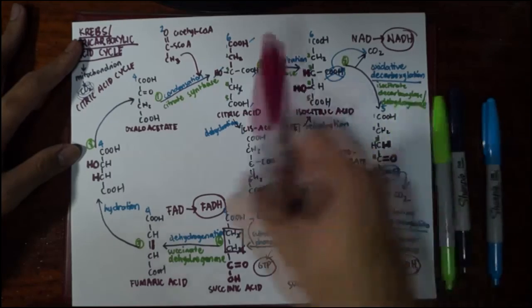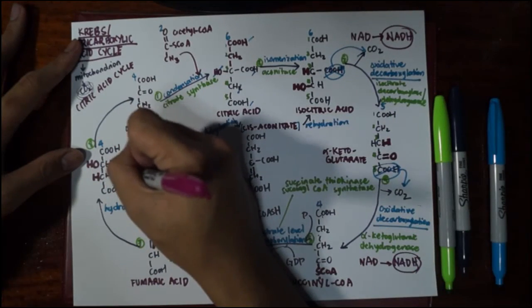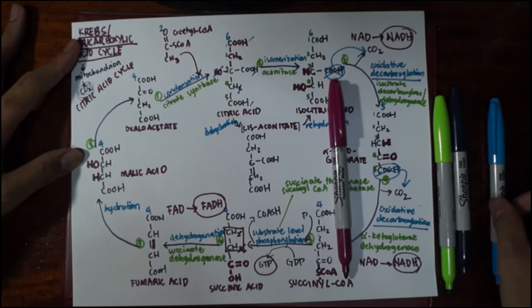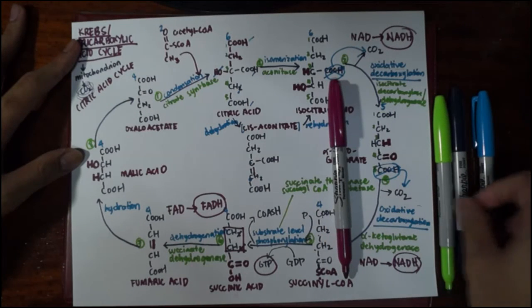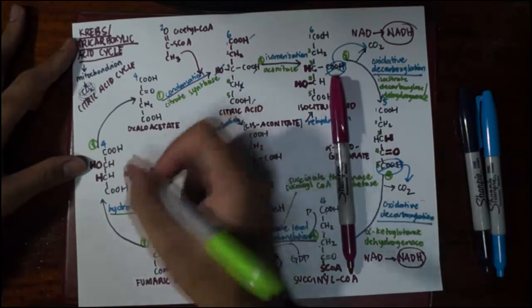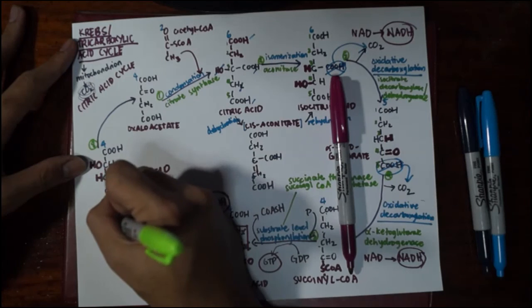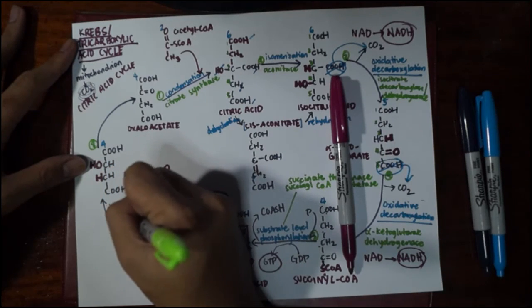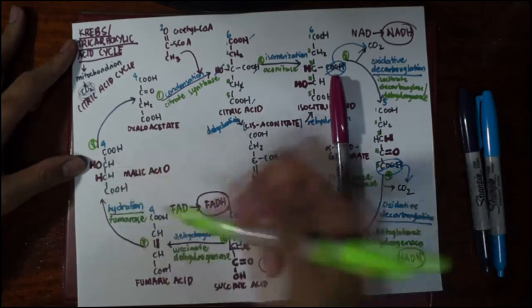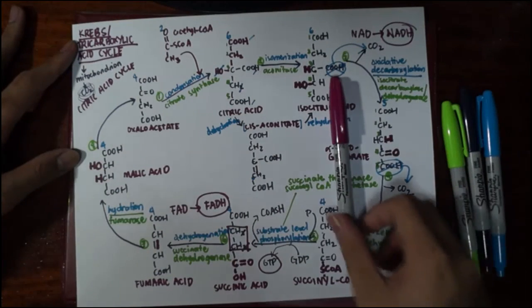Alright, the name of the product right here is malate or malic acid, and the enzyme responsible for this is fumarase. So fumarase converts fumaric acid into malic acid by hydration.